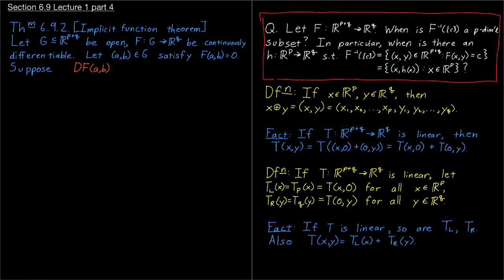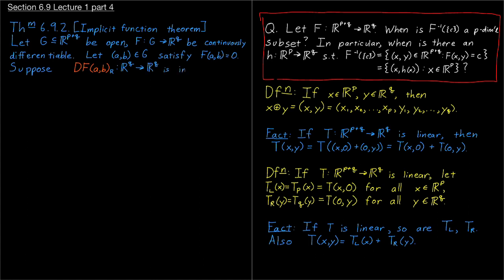But if we grab the right side of it, that is the bit where you feed in just the second batch of coordinates, then that's something that does indeed have domain R^q, which is the same as its range R^q.